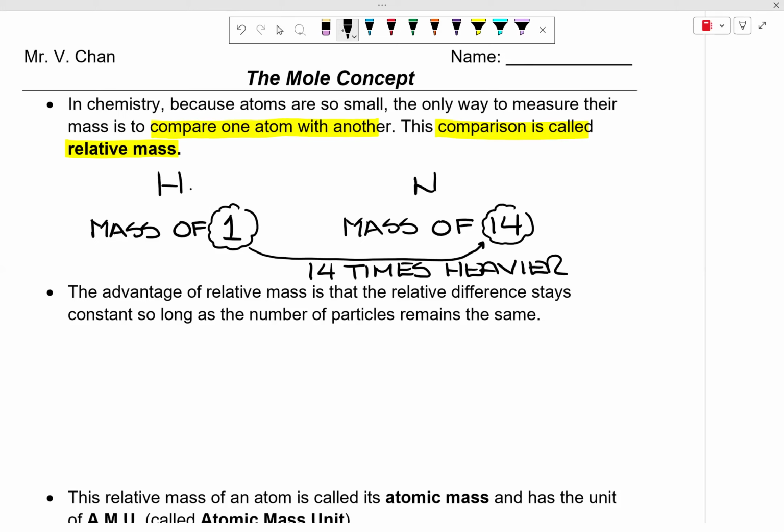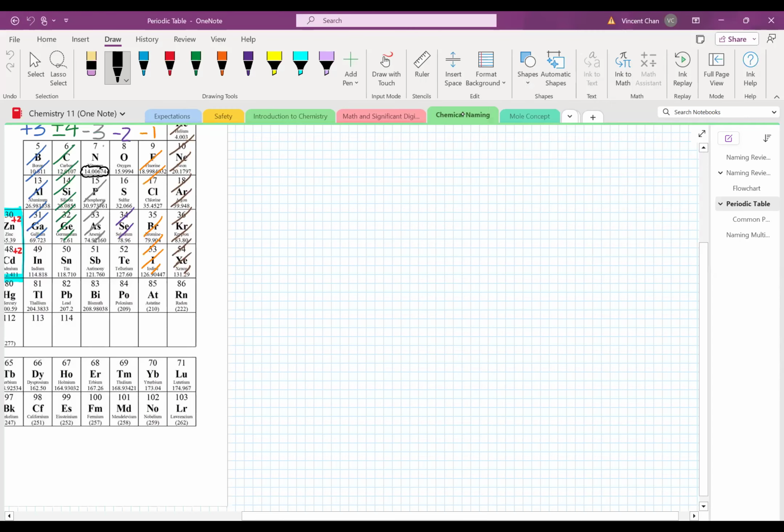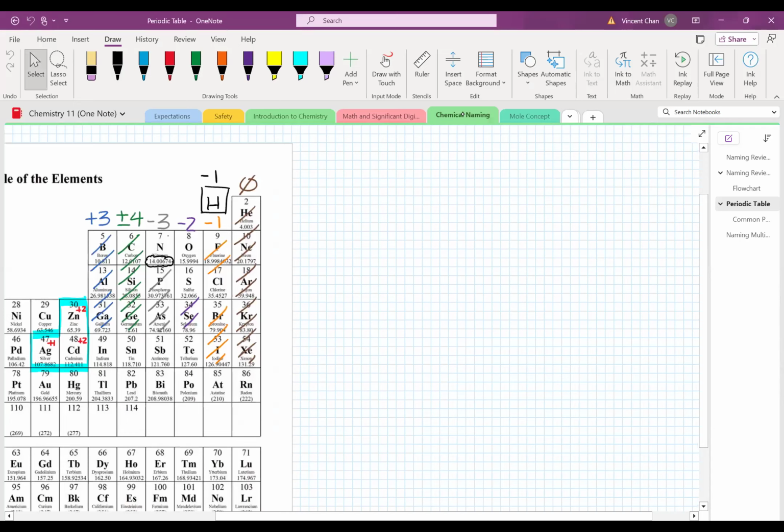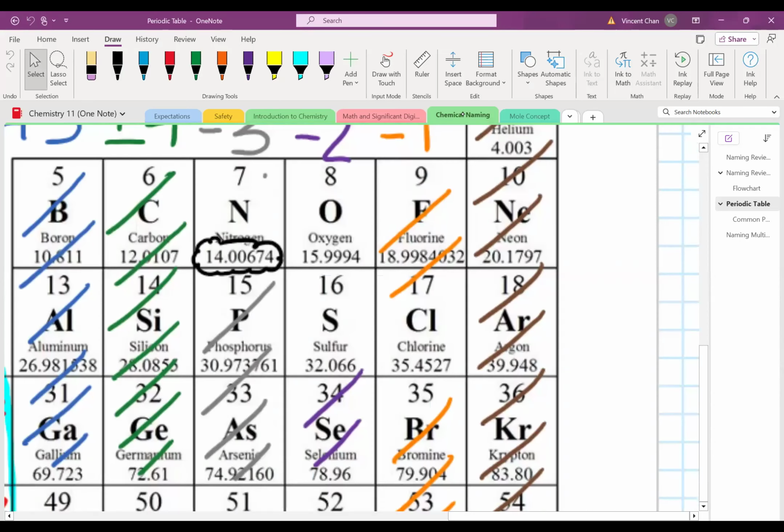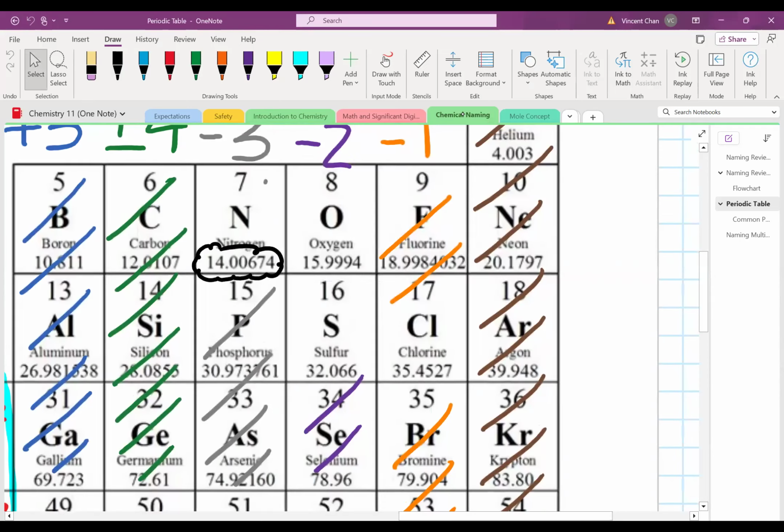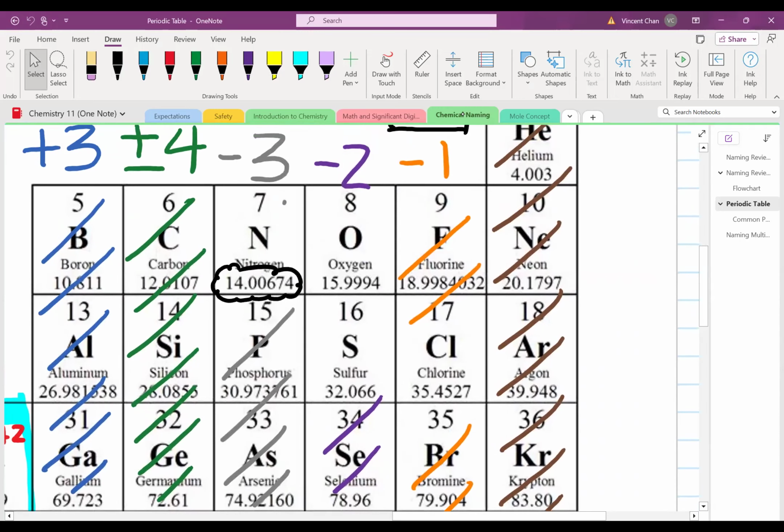If one atom of hydrogen had a mass of 1, one atom of nitrogen was 14 times heavier. This works for other atoms as well. If we look at oxygen, why was oxygen an atomic mass of 16? Because one atom of oxygen is 16 times heavier than one atom of hydrogen.